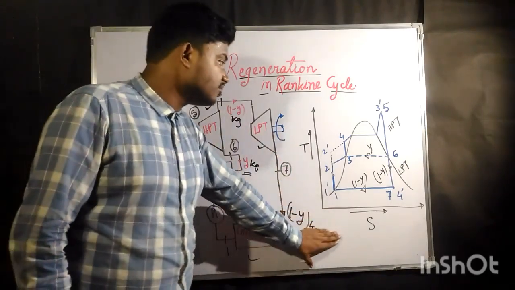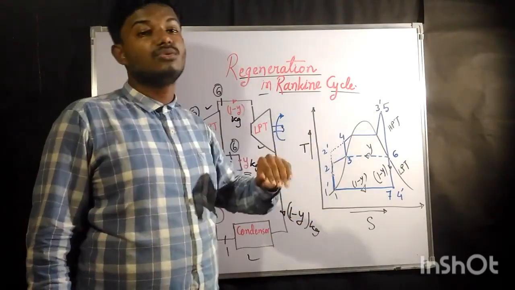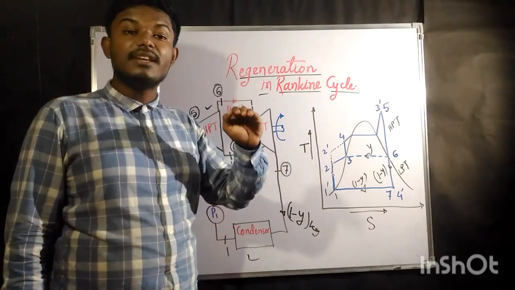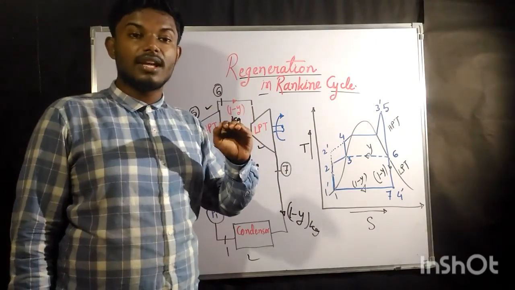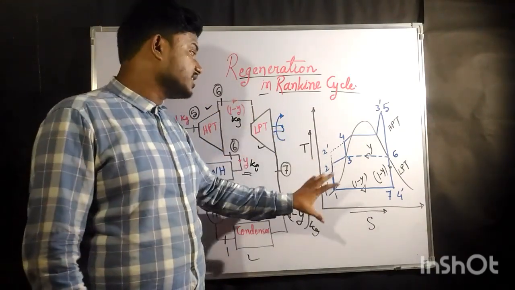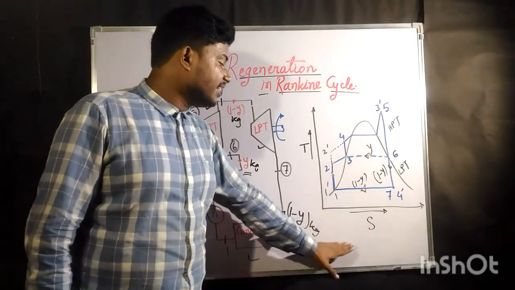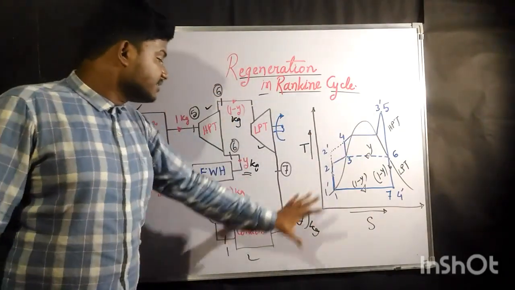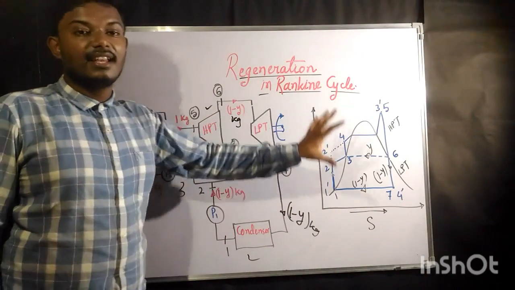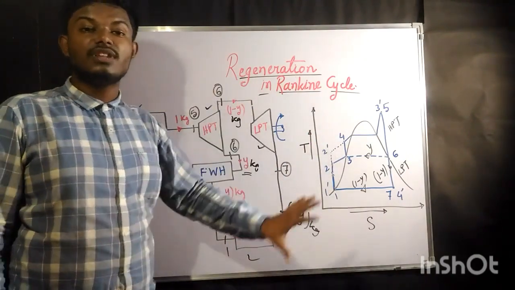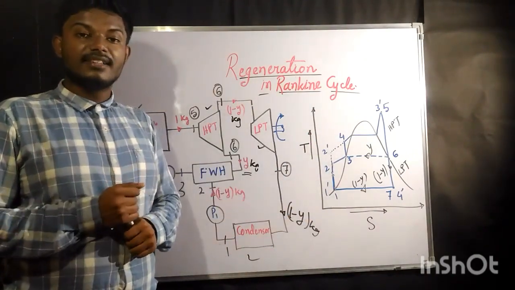Efficiency is going to increase because by doing this process we are increasing the mean temperature of heat addition. By increasing the mean temperature of heat addition we are going to increase the efficiency. So this regeneration in the Rankine cycle is also used to improve the performance of the Rankine cycle.